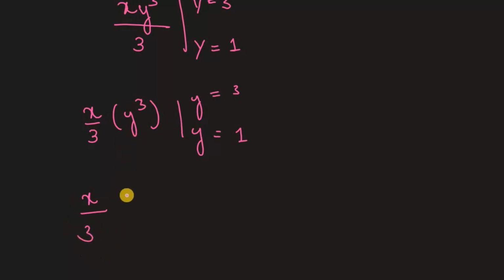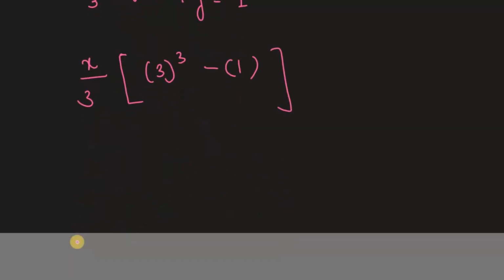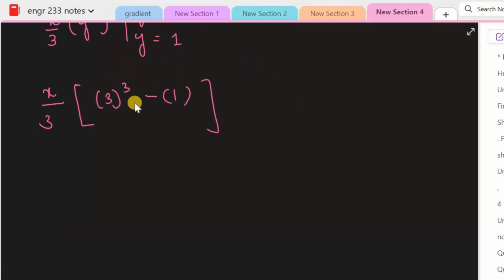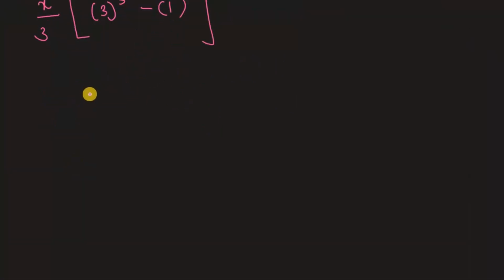Now I can put the 3 inside the y, so that's 3 cube minus 1 cube. So this is 27 minus 1, which is 26, so it becomes 26x over 3.